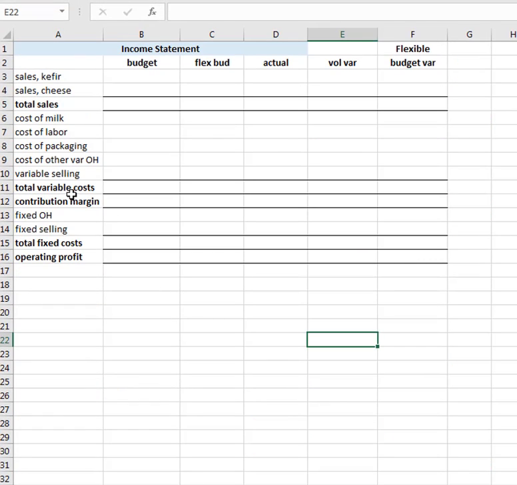Over here, you may or may not have variances in the selling area, so that you have the data and you could figure those out. So you can figure out now the budgeted income statement, you can figure out the flexible income statement, you can figure out the actual combined for all of these and get the variances. Good luck. I look forward to seeing your work.